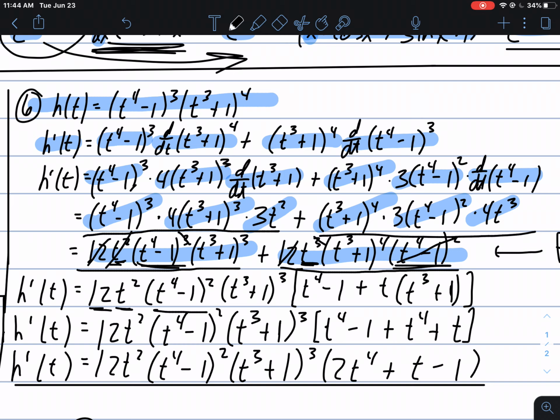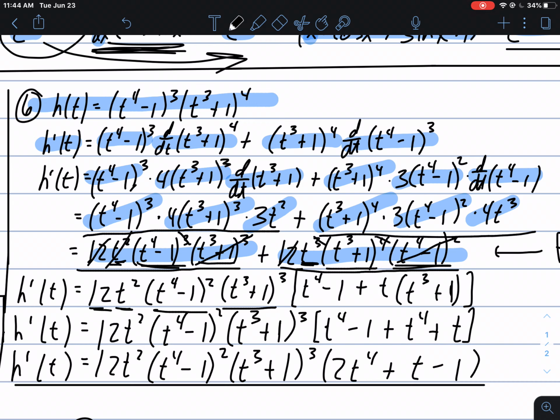But that still leaves me with a t to the fourth minus 1 right there. I pulled off 2 of them, I still have 1 left. We've also got a t cubed plus 1 cubed and a t cubed plus 1 to the fourth. So again, I can pull out a t cubed plus 1, but I can only pull out t cubed plus 1 cubed, which still leaves me with a t cubed plus 1 there.